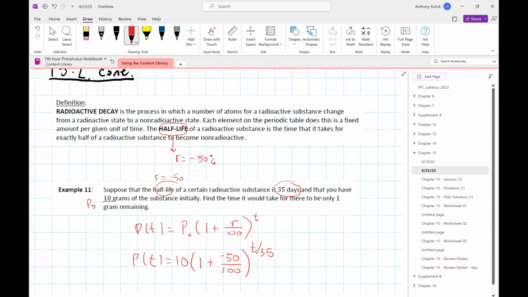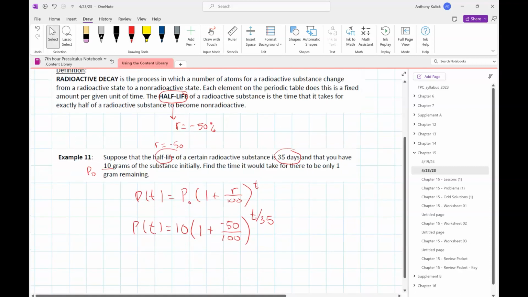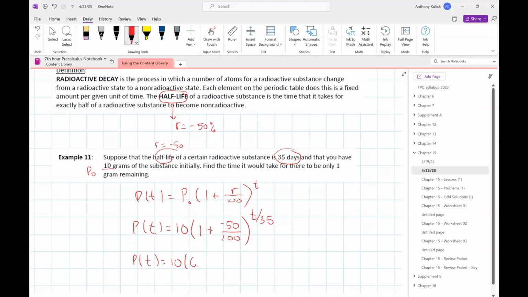When T is 35, we just have 1/2 to the first. That's what we want to have happen. So I can do a little bit of simplification here. So 1 plus negative 50 over 100 is just 0.5.